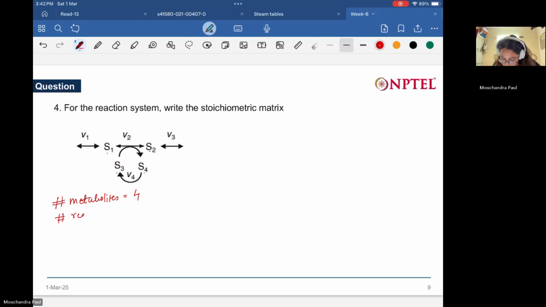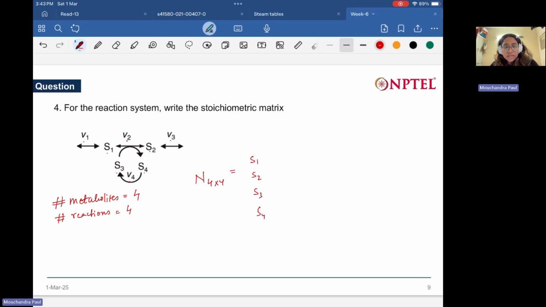There are 4 reactions. 1, 2, 3, and 4. So N is 4 cross 4. For S1, S2, S3, and S4.